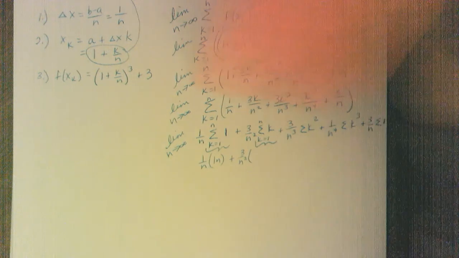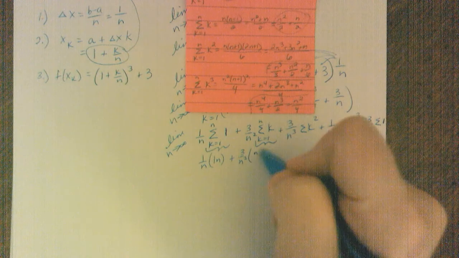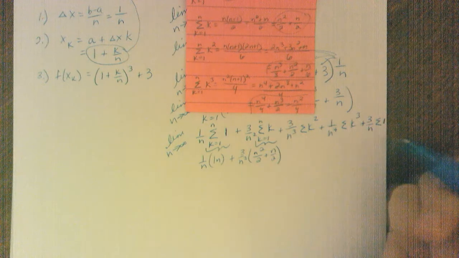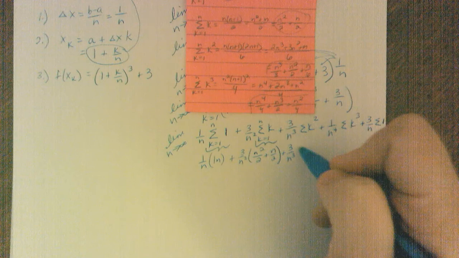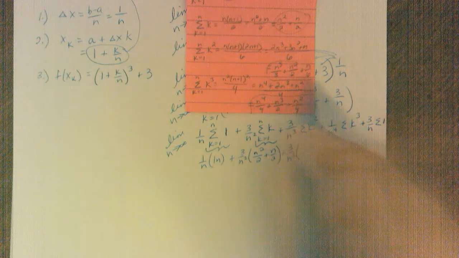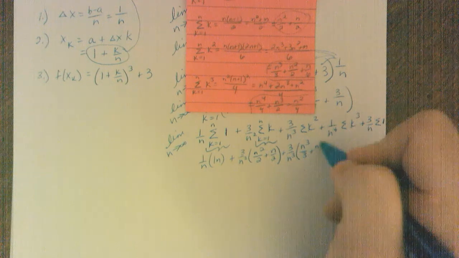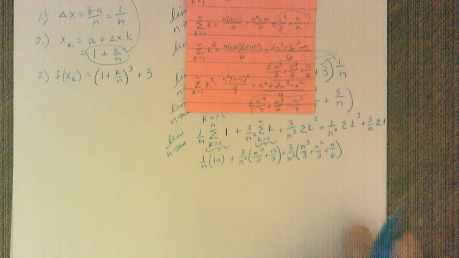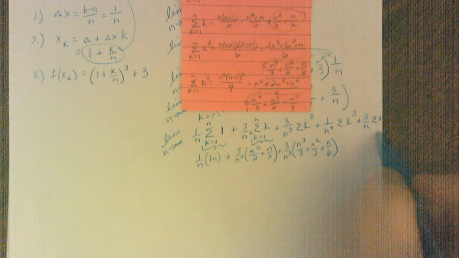Using my little sticky note, n squared over 2 plus n over 2. This would be 3 over n cubed times what's the sum of k squared? Running out of room. Plus n over 6. I'm running out of room, I have to do these two on the next level.